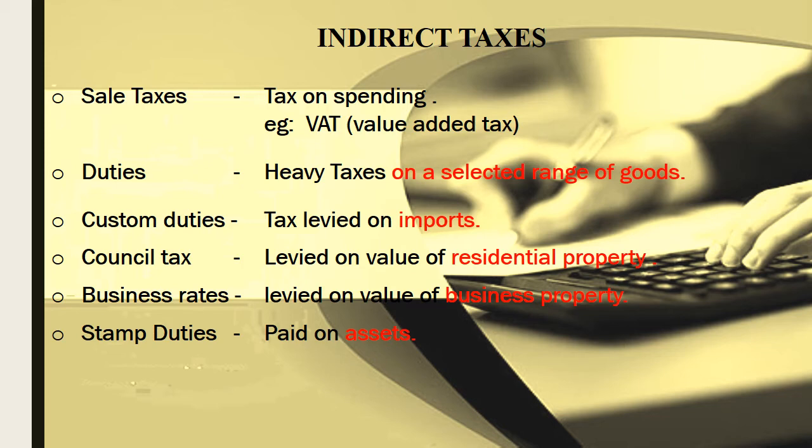Duties are often heavy taxes. They are imposed on petrol, cigarettes, and alcohol. These types of goods have price inelastic demand. It means a change in price causes a smaller percentage change in demand.